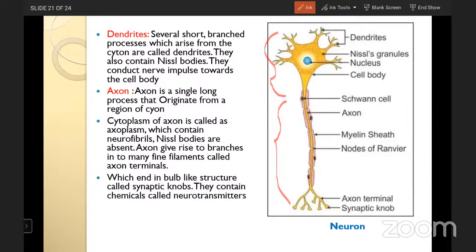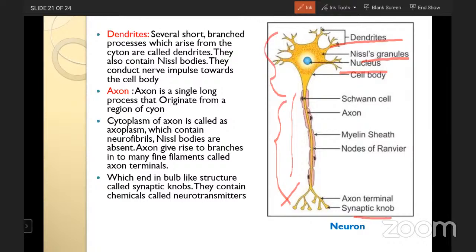A process which is very long in size is called the axon. In the cell body, you are able to see the Nissl granules and nucleus, and a number of branches known as the dendrites. And the long portion is known as the axon. And the terminal end of the axon is known as the synaptic knobs.